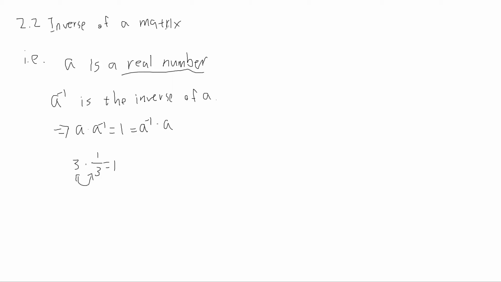Okay, now we're going to look at inverses in the idea of matrix. So first we need to identify what the number 1 is in matrix. First we have the identity matrix. We mentioned that in class.